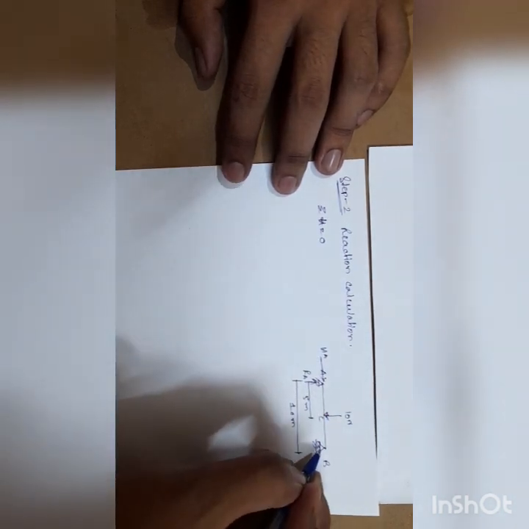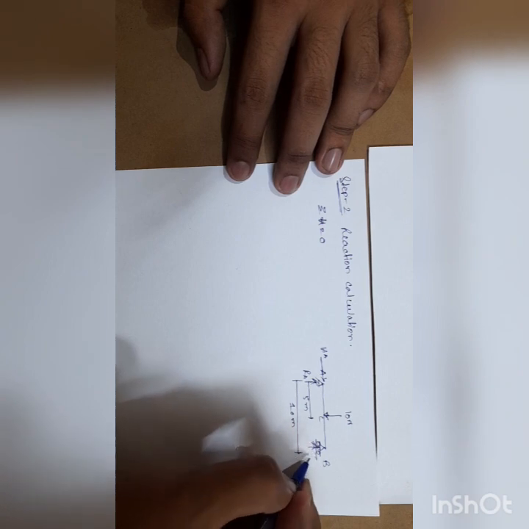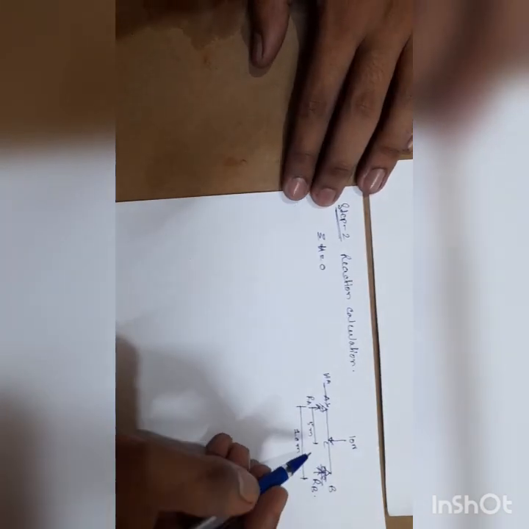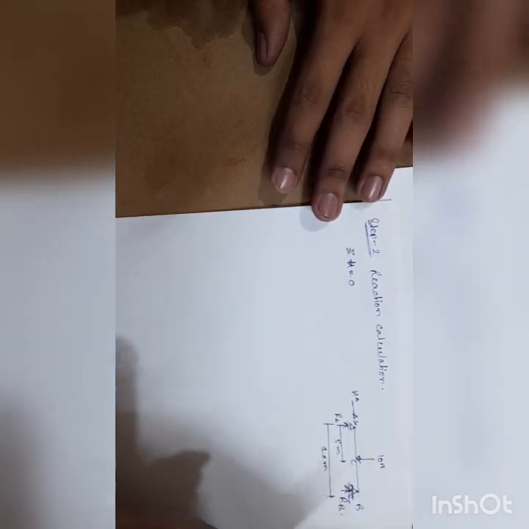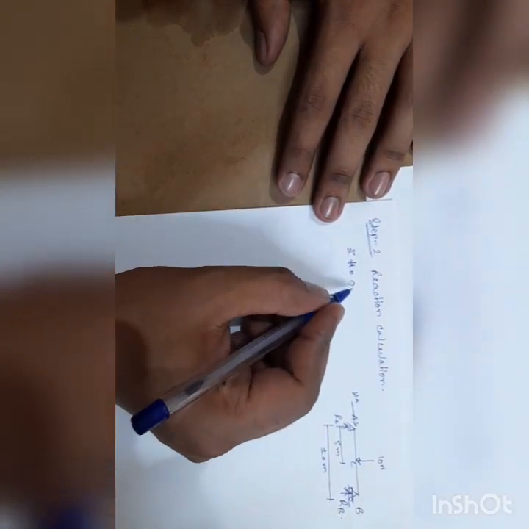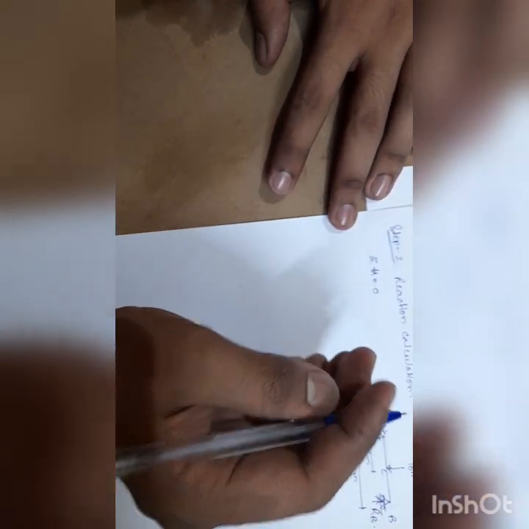But for a roller support there is only one reaction, RB, only in the vertical direction, because I explained before why there is only one reaction. For horizontal, there is no horizontal force, so there is no horizontal reaction.